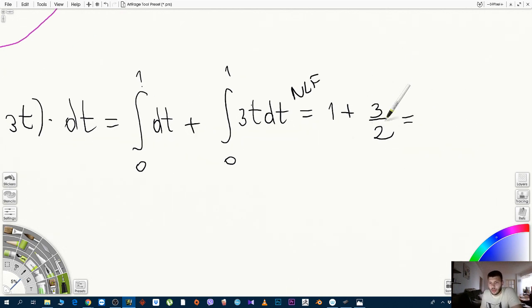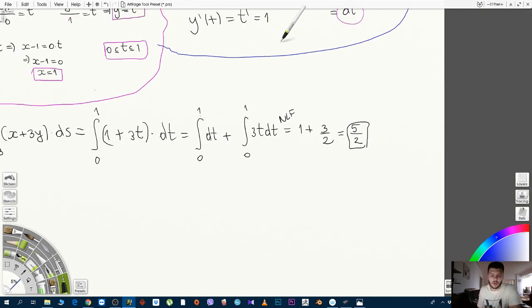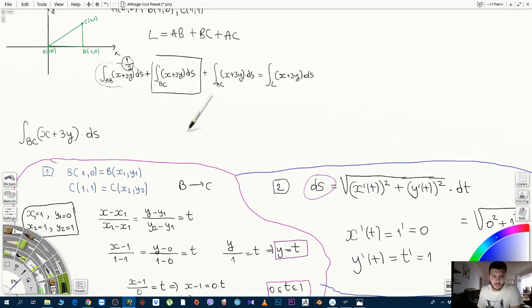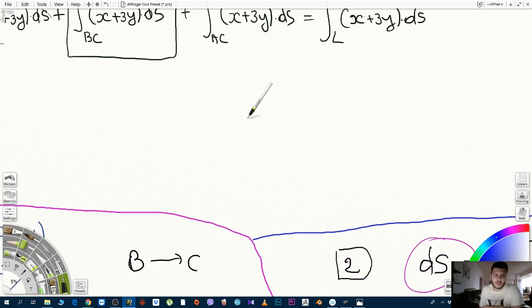So we've got 5 halves. This is the result of the second integral.